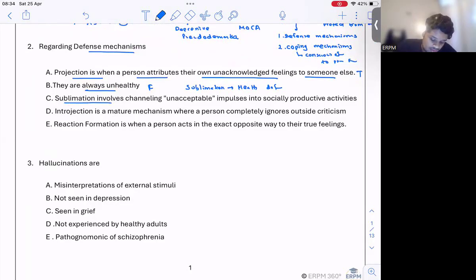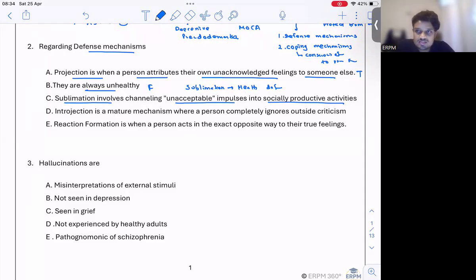Sublimation involves channeling unacceptable impulses into socially productive activities. That is true. That's one of these healthy defense mechanisms. For example, just imagine someone with aggressive, hostile impulses.